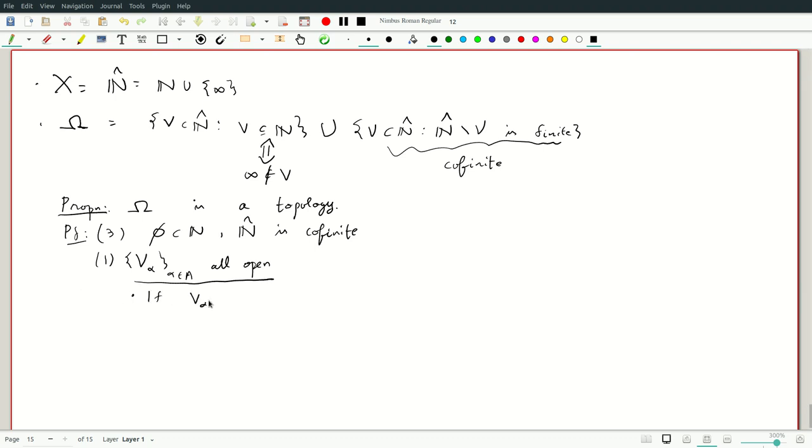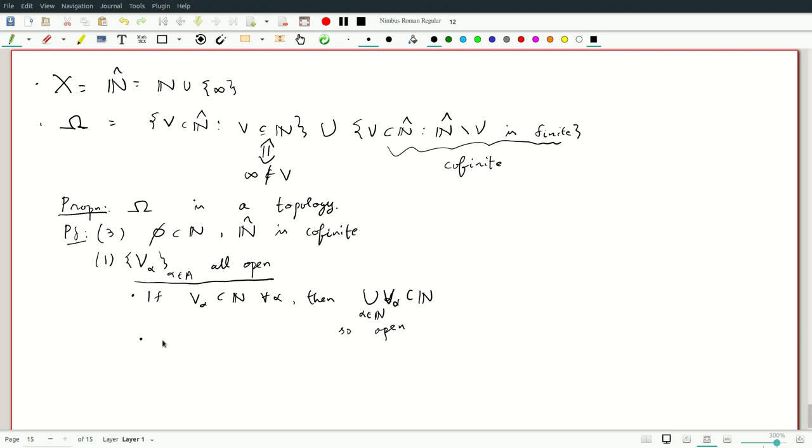Previously we had the case where they were all empty, but in fact, if they are all contained in N for all alpha, then the union over alpha of V alpha is contained in N, so it is open.